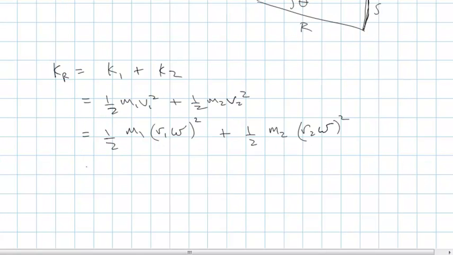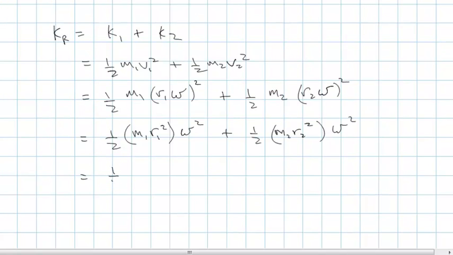Now I'm just going to rearrange this a little bit. I've got a 1/2 M1 R1 squared omega squared, and I've got a 1/2 M2 R2 squared omega squared. Now I'm going to add them all up. So I've got a 1/2, and a sum over all my masses. These are point masses, because I said I could have more than 2. I could have 10. I could have 20.